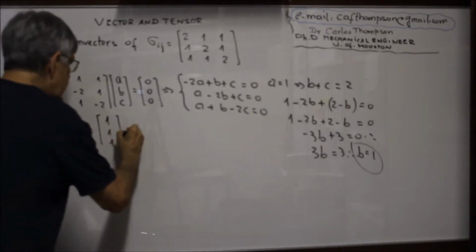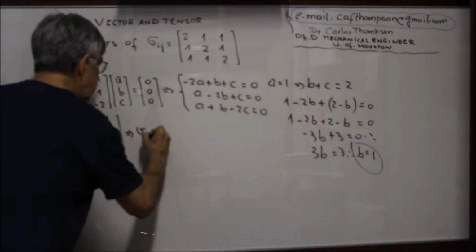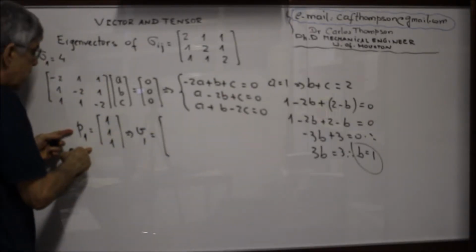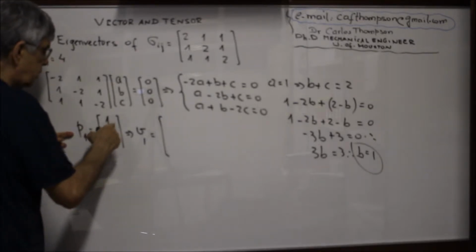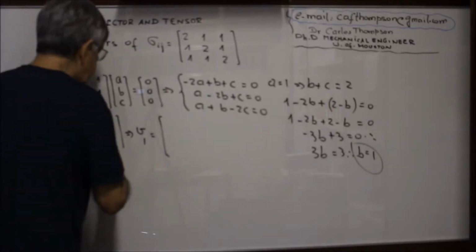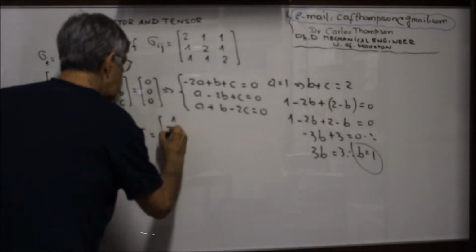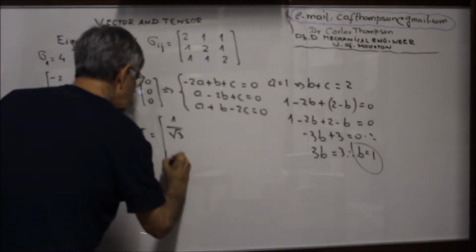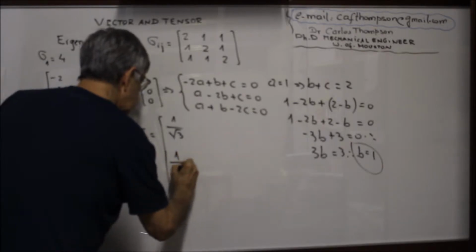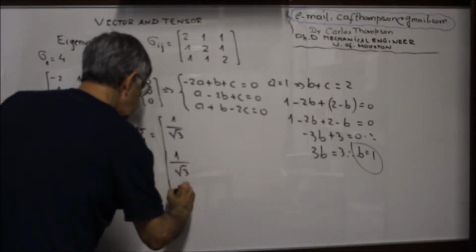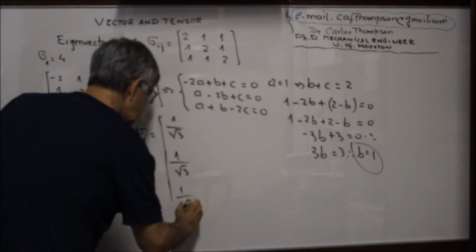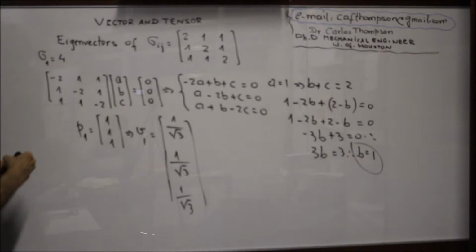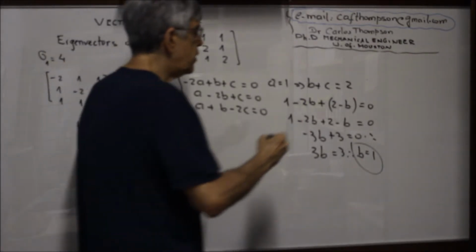From here you can get the unit vector v1. The magnitude of P1 is the square root of 1 plus 1 plus 1, which is square root of 3. So we get 1 over square root of 3 for each component. This is v1.